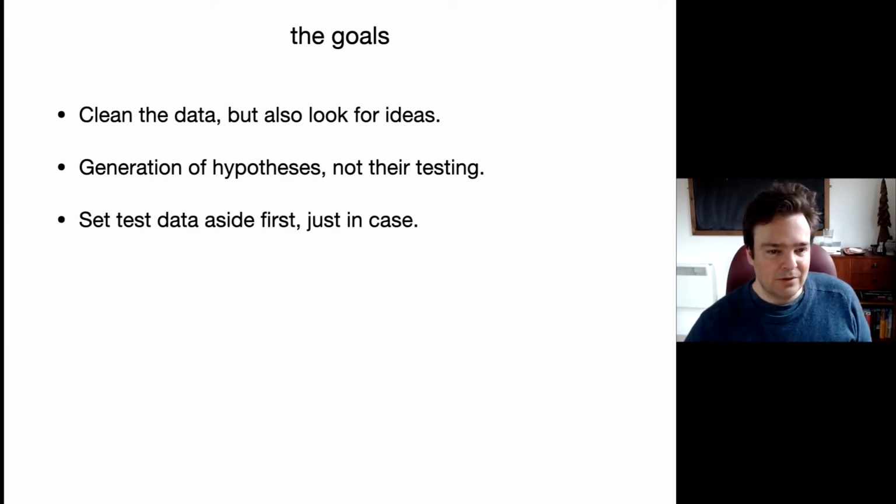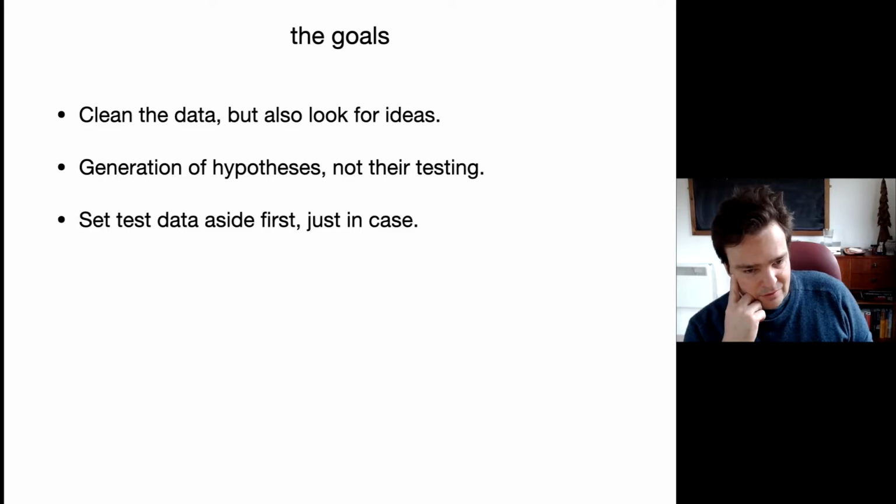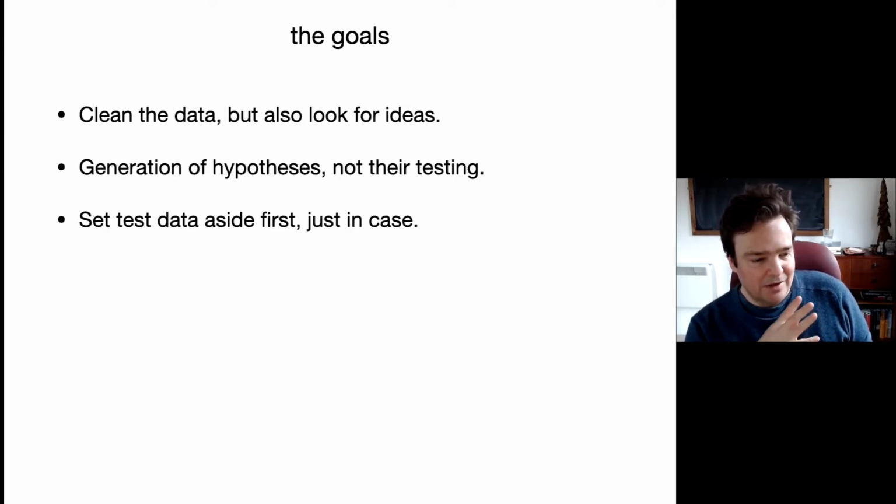It's probably a good idea, if you're going to be using something called test data later in the process, to set it aside. That is data for which you know the values that are meant to be predicted, but you set it aside so that after you've trained your algorithm, or learned how to do your calculations, you can apply it to this test data and see how well it does.